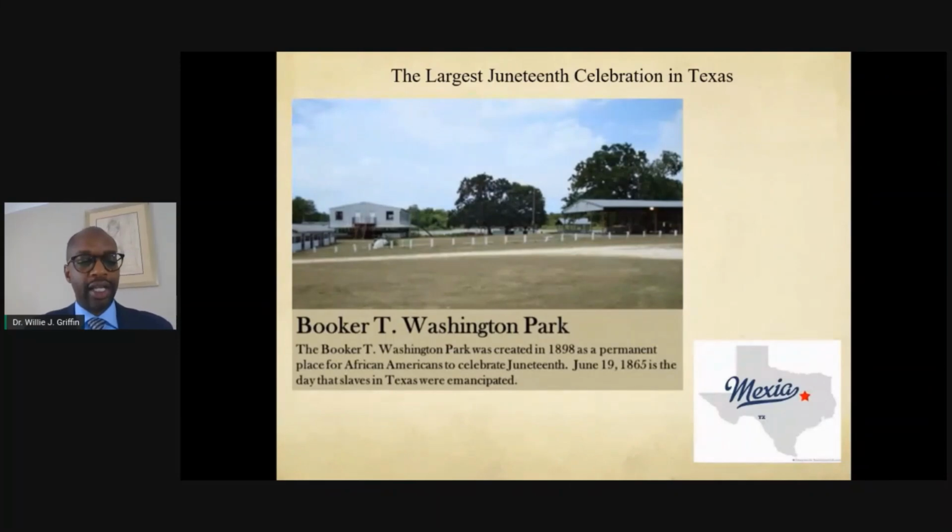The Juneteenth celebrations really began to decline at the turn of the 20th century, due to economic, political, and cultural forces. In the Southeast, for instance, celebrations were always discouraged, especially following the collapse of Reconstruction.